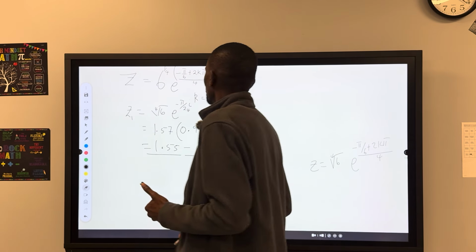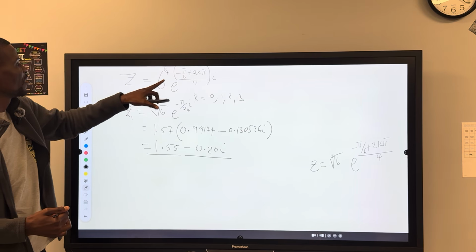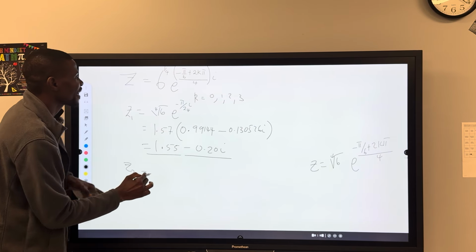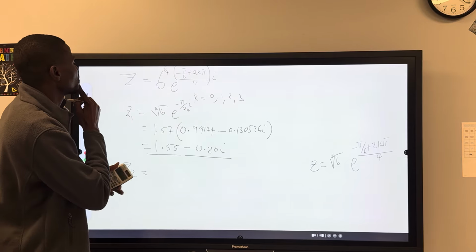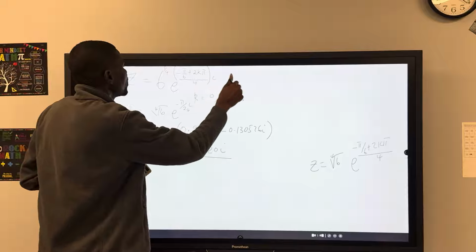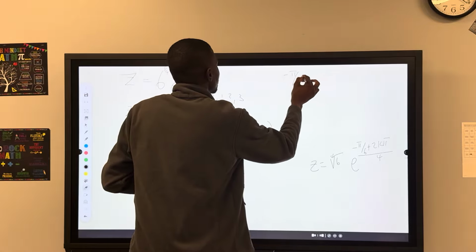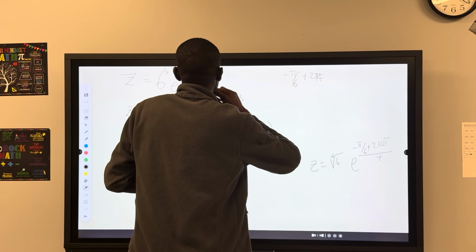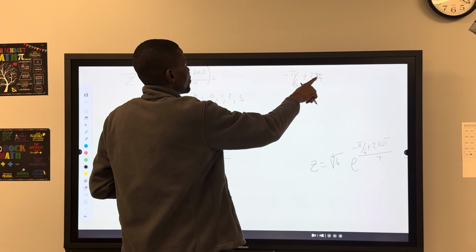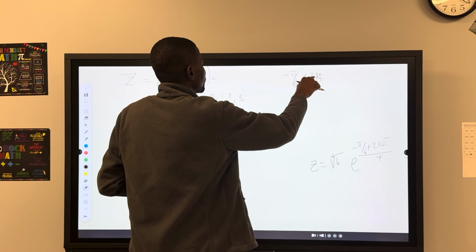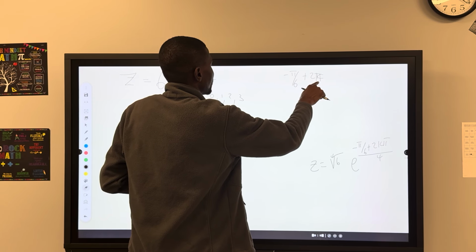When k is 0, this is what we got, minus pi over 24. Now, when k is 1, it's going to be negative pi over 6 plus 2 pi.